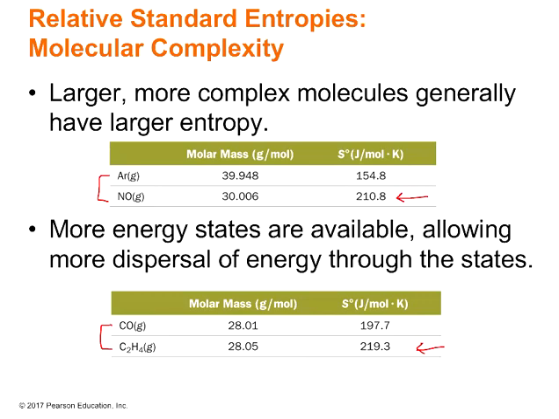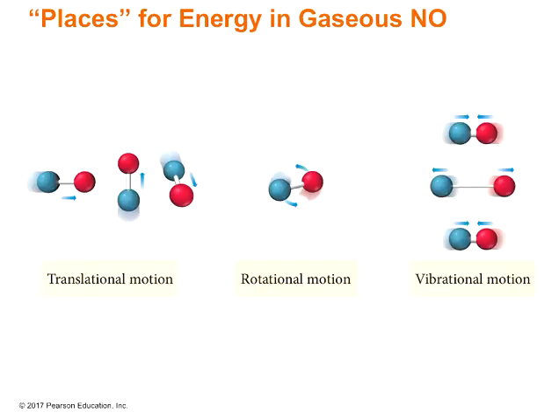Okay, so let's look at a visual comparing argon and nitrogen monoxide. Here we're showing nitrogen monoxide as a gas, and you'll notice that there are three types of motion that nitrogen monoxide can experience. It can experience translational motion, which means it's just moving around.